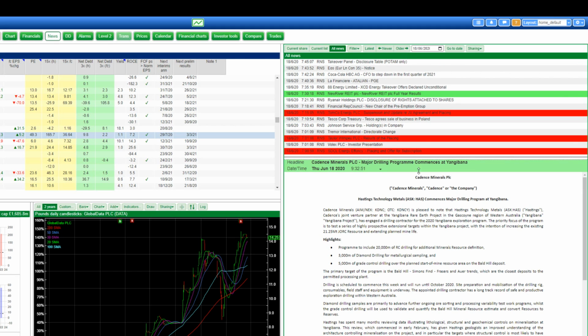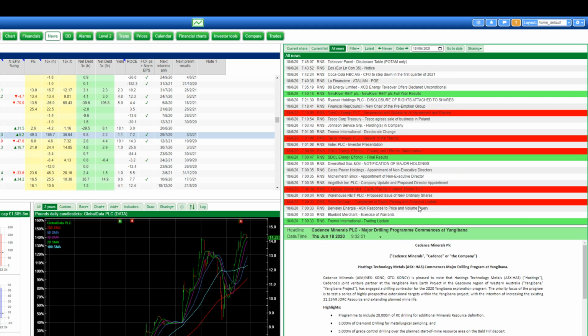Because of the coronavirus crash, a lot of companies are now raising money by issuing more shares, because for a lot of these good quality companies, the share price is now so cheap that they want investors to invest more, so they're offering shares at a lower price.